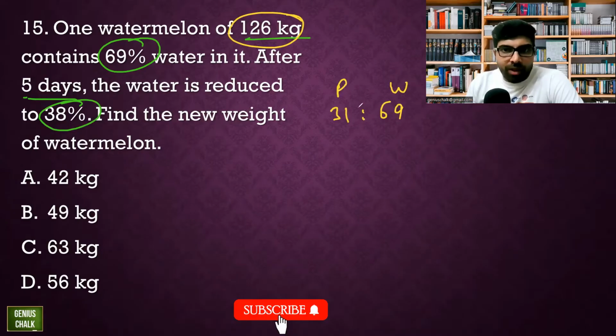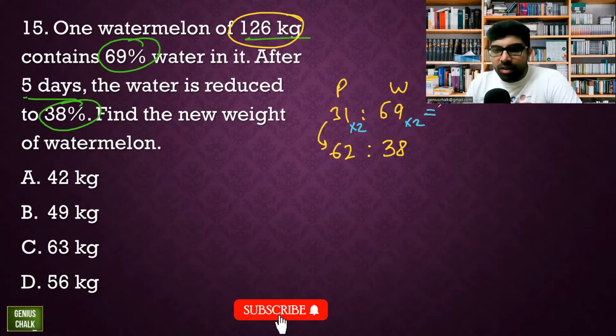And now after 5 days, water is just 38%. So that means 62% has to be this pulp, and we know that pulp has to be the same. So again, applying the second method, it is multiplied by 2, this is multiplied by 2, 140 minus 2, 138, and it is only 38.